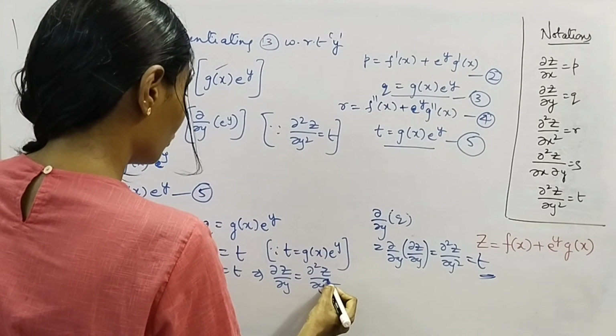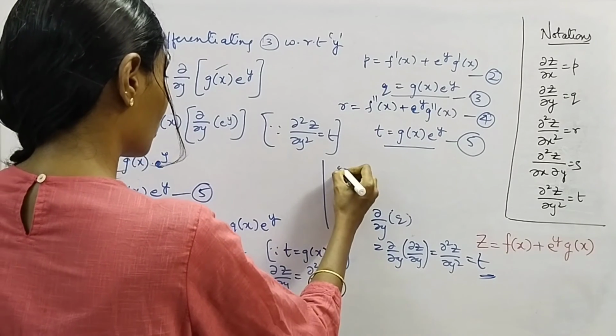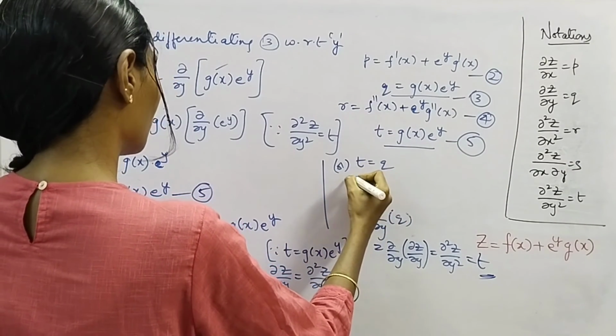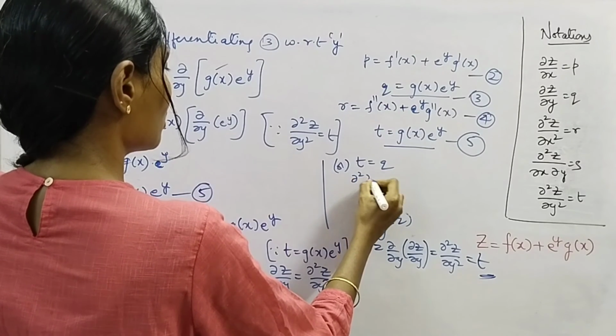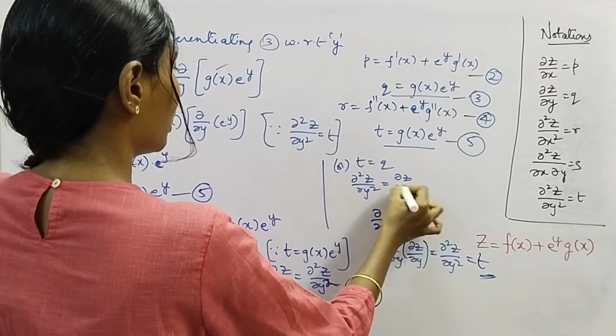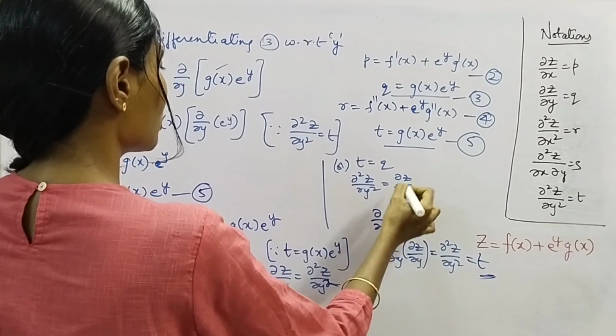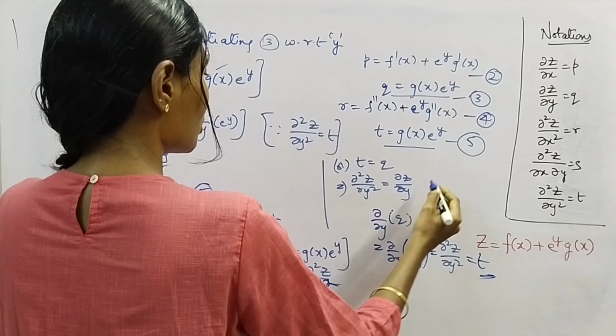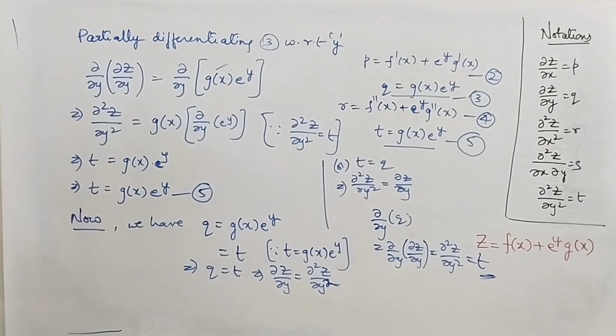Or we can write this as t equal to q, or dou square z by dou y square equal to dou z by dou y. Second derivative is equal to first derivative. Which is the required partial differential equation.